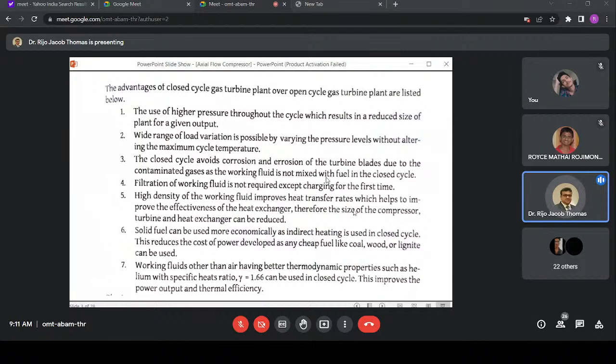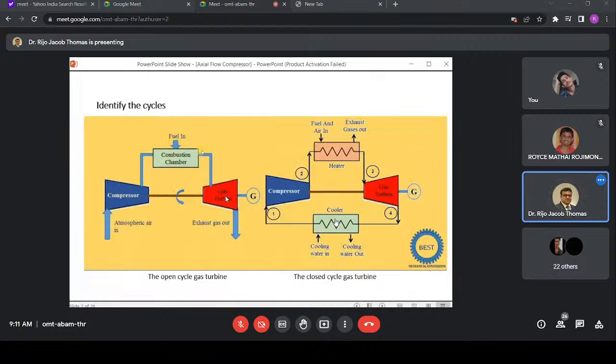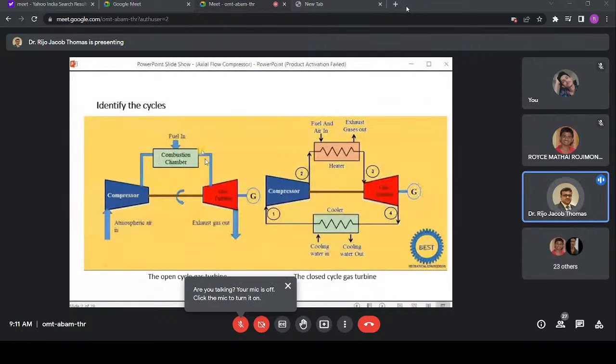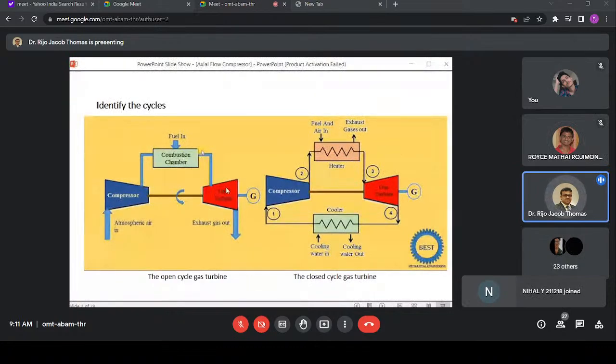The major advantage is the corrosion and erosion of the turbine blades. One of the major problems in open cycle is the maintenance of the turbine blades and their housing and things like that.